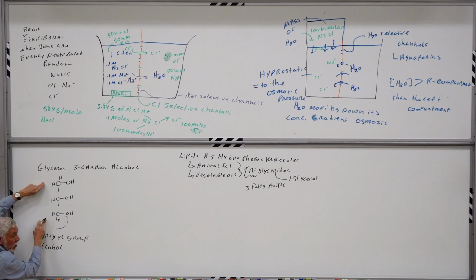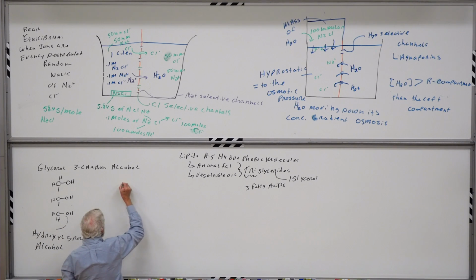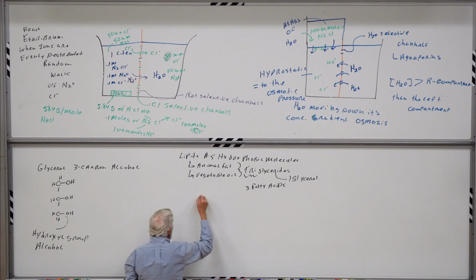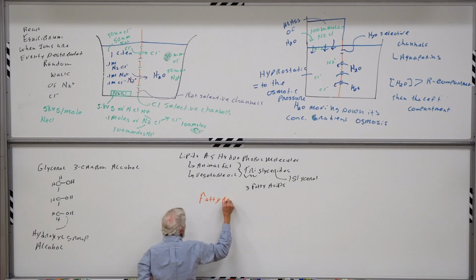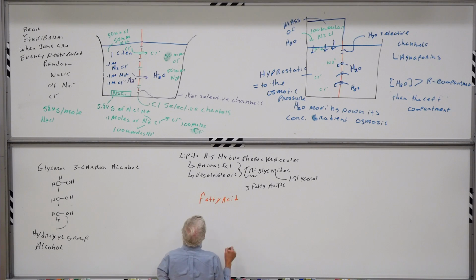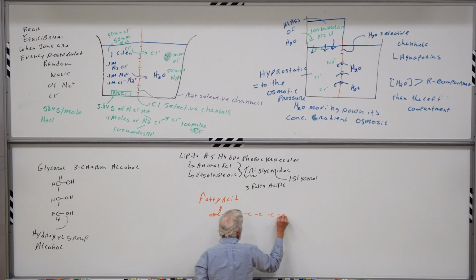But we can change the characteristic of this glycerol by doing another little bit of chemistry. Over here in orange, I'm going to start with something known as a fatty acid. The fatty acid starts here with a carbon with a double bonded oxygen, an OH, linked to a long string of carbons.